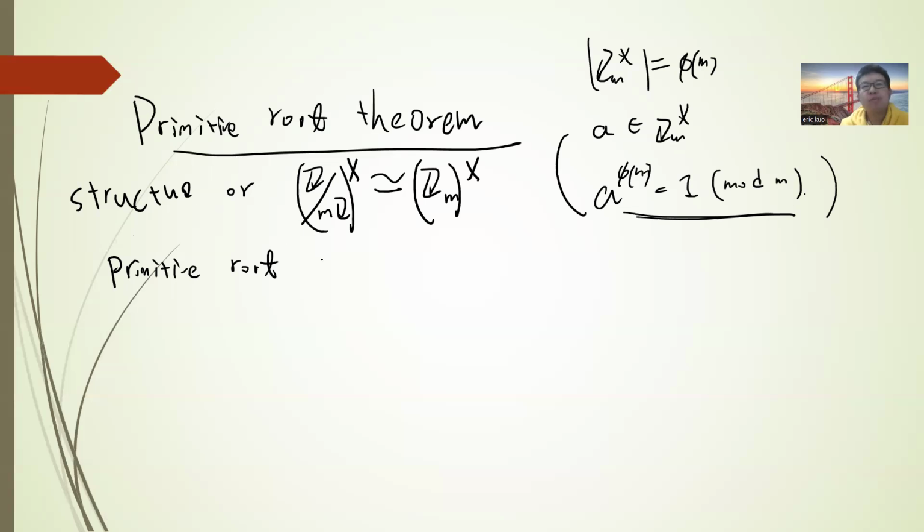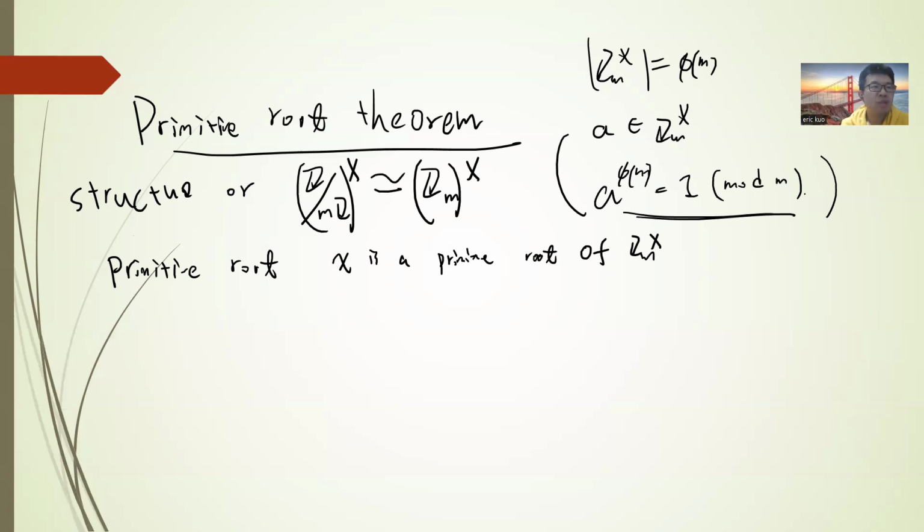So what are primitive roots? Let's say x is a primitive root of the multiplicative group mod m, meaning that x to the highest power is 1. The highest power is phi(m), which is 1 mod m.